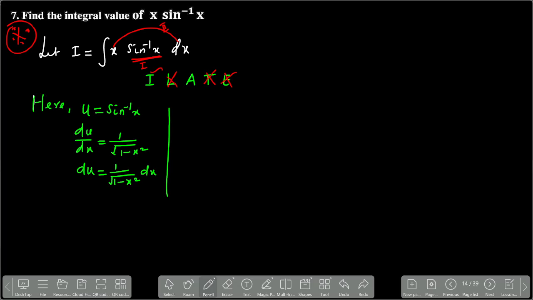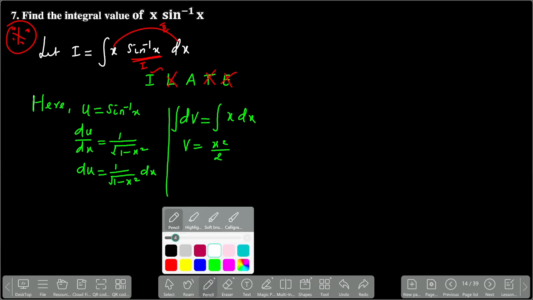Is it correct? Next, integral of dv equal to integral x into dx, so v equals x square by 2. Any doubts?